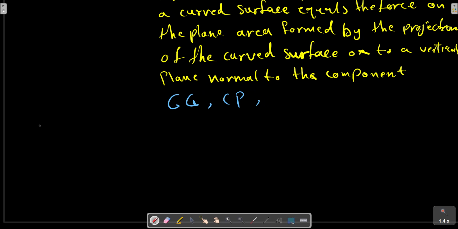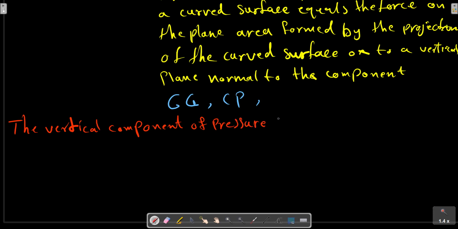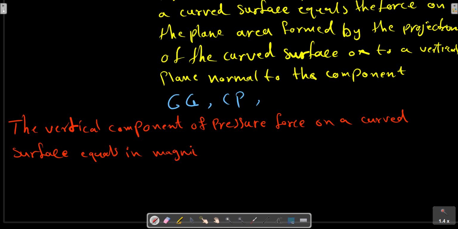the vertical component of pressure force on a curved surface equals in magnitude and direction the weight of the entire column of the fluid.